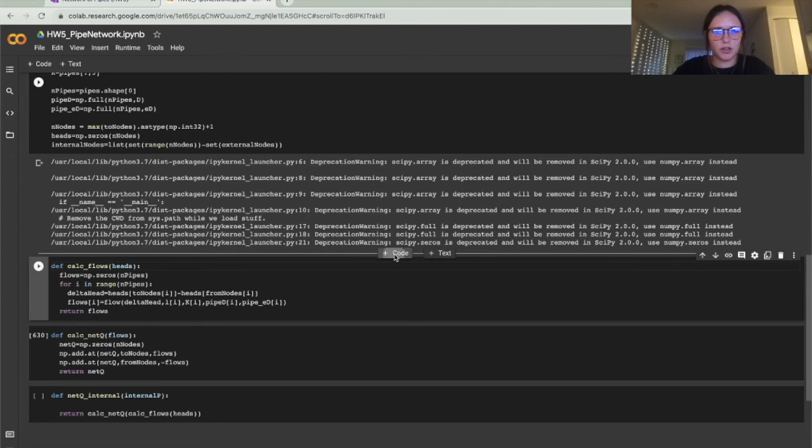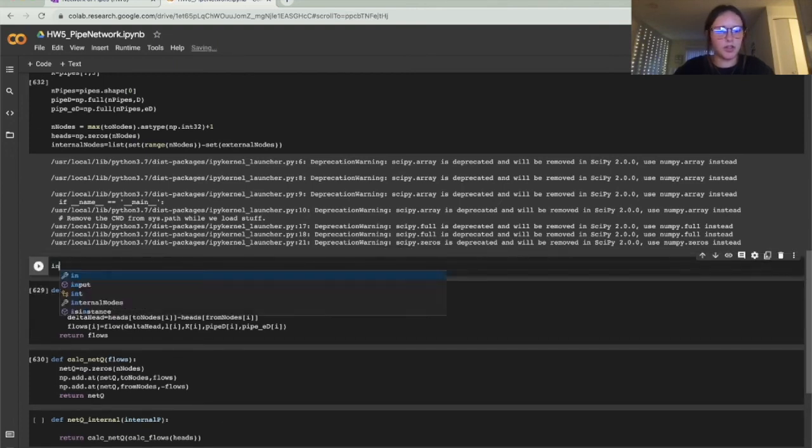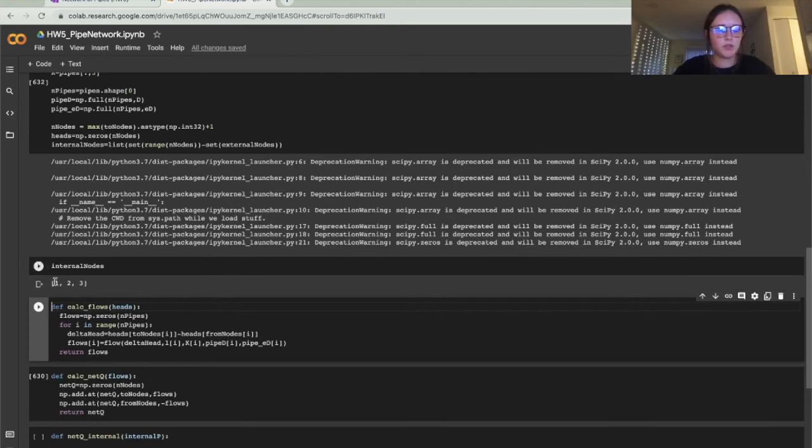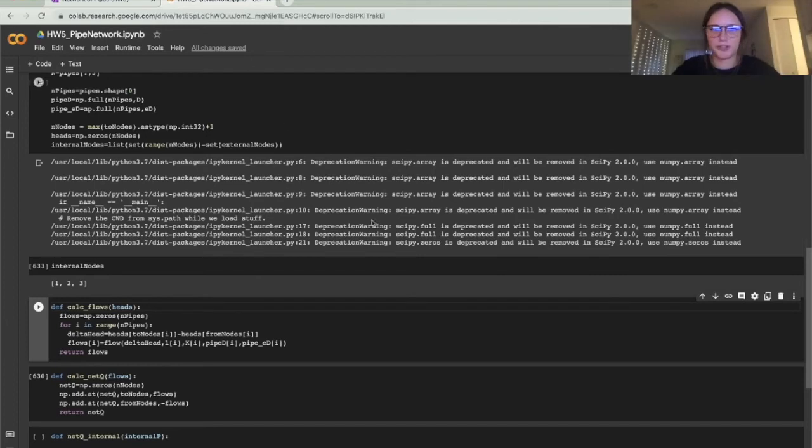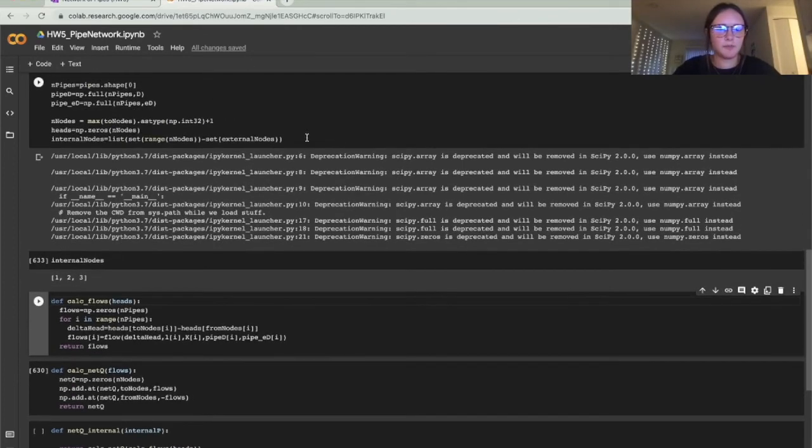So if I add a line there and I say internal nodes, it's giving me 1, 2, and 3, which is correct. So if we look back at this, 0 and 4 are external nodes, and 1, 2, and 3 are our internal nodes. So that's good.